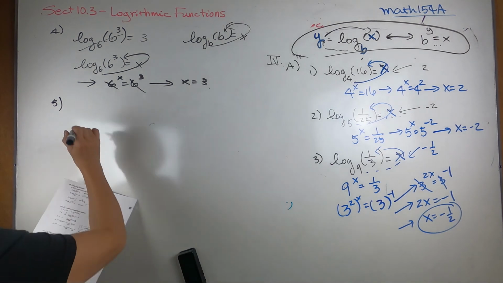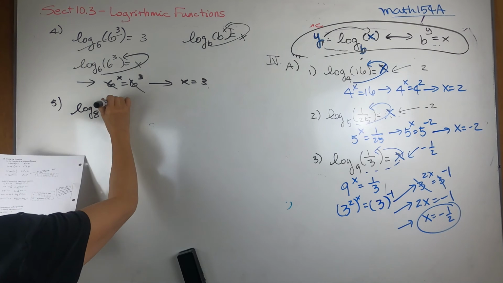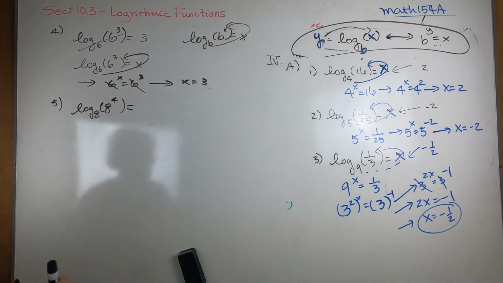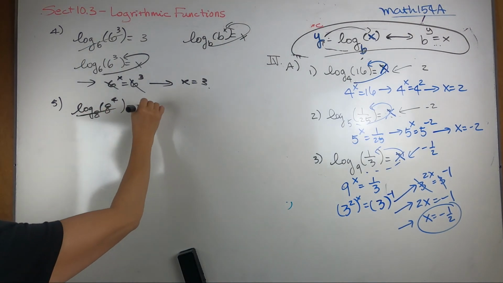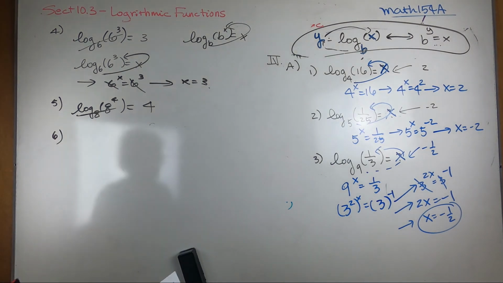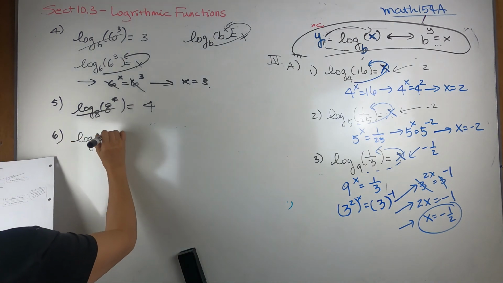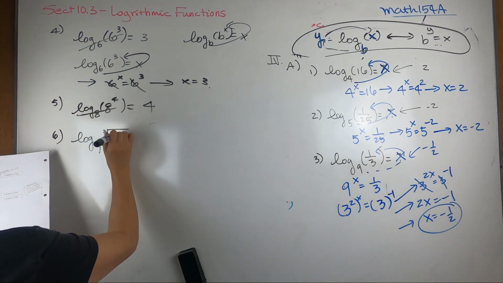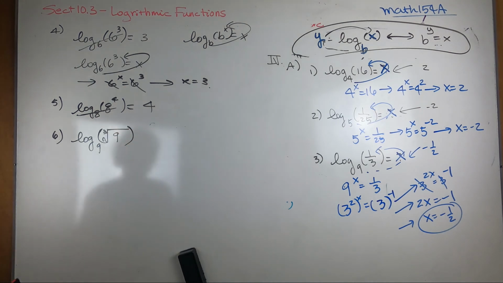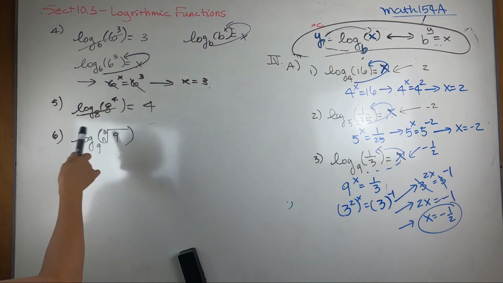Then how about this one? Log base 8 of 8 to the 4th power. Now you know this. You can just say, okay, it's 4. Right? If you have log base 9 of the cube root of 9, it's hard to use the roots with log.